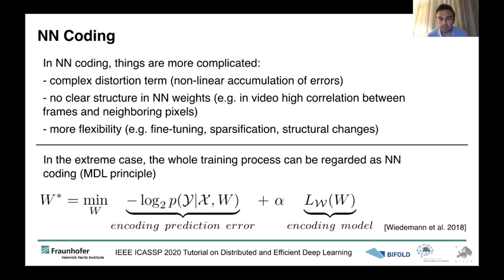There is this MDL principle, minimum description length, which tells you that if you want to, for example, communicate some labels Y from A to B, you could do this by learning a model, a neural network, for example, and communicating the model.